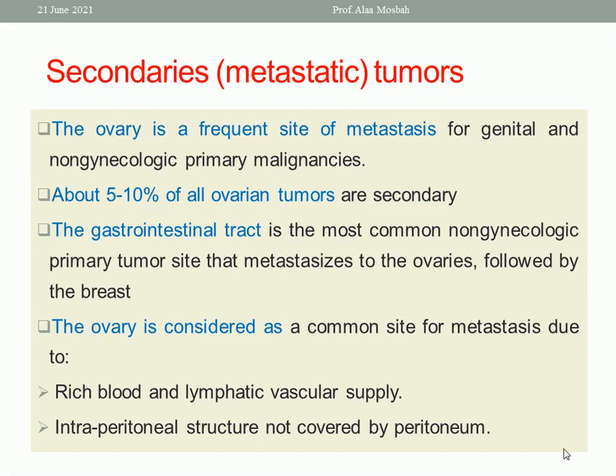GIT is the most common non-gynecologic primary tumor site that metastasizes to the ovary, followed by the breast. So GIT first, then the breast can give secondaries to the ovary. Why is the ovary considered a common site for metastasis? Actually, because it is an intraperitoneal structure not covered by peritoneum, and due to the rich blood and lymphatic vascular supply.